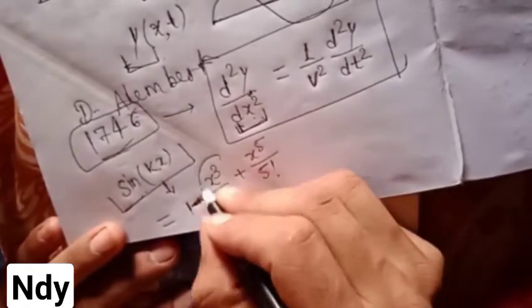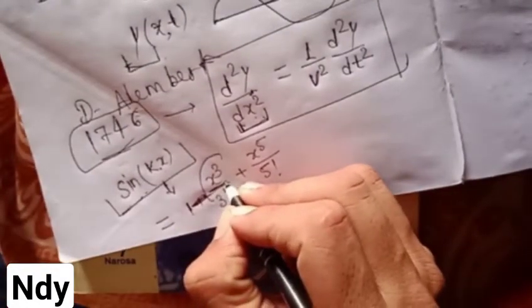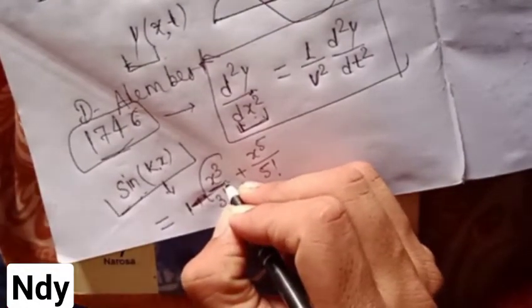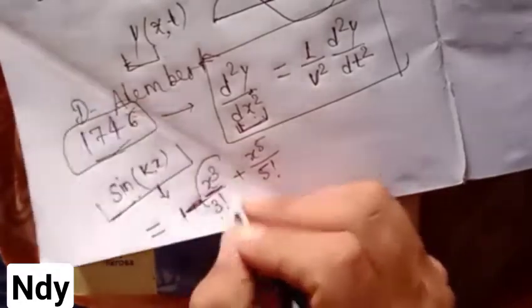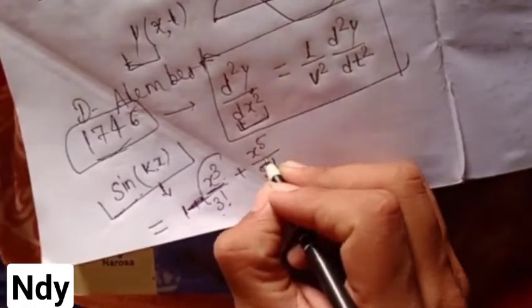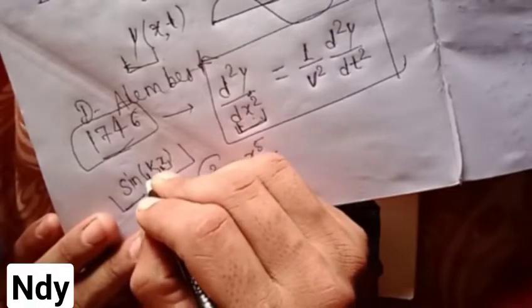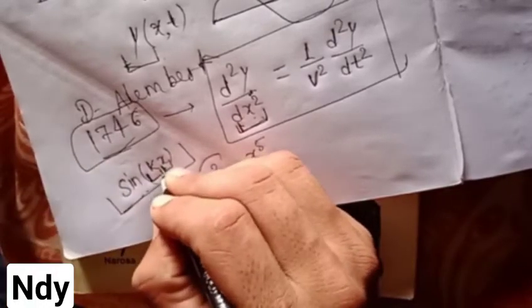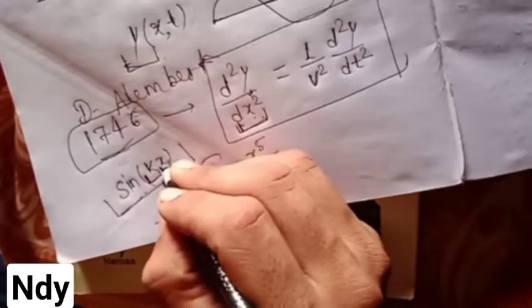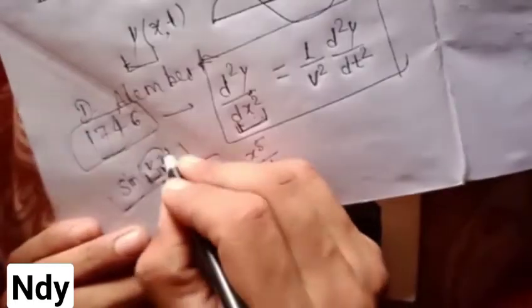If x is length, then its dimension will be meter. The dimensions of x cube and x to the power 5 will be different, so we cannot add these. So the dimension of the constant will be such that the dimension of this and this will make the quantity dimensionless.